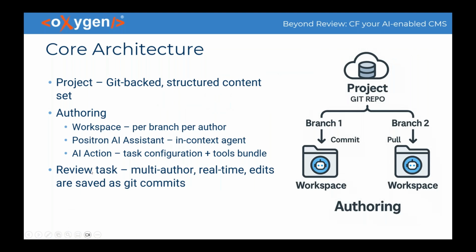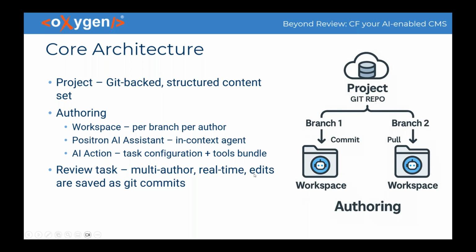Yeah. Review tasks inside a project have the same features as standard review tasks that, by the way, we also support. So we don't make any backwards incompatible changes to the way review tasks work.